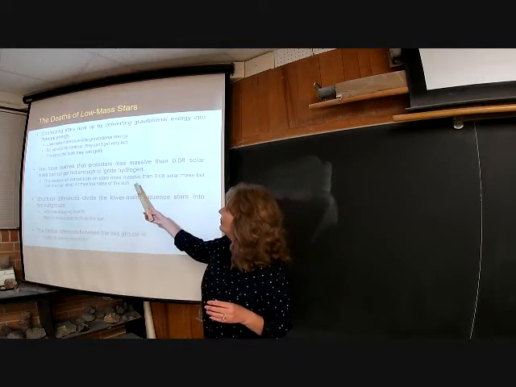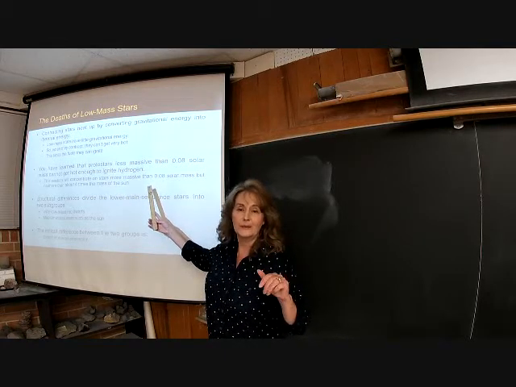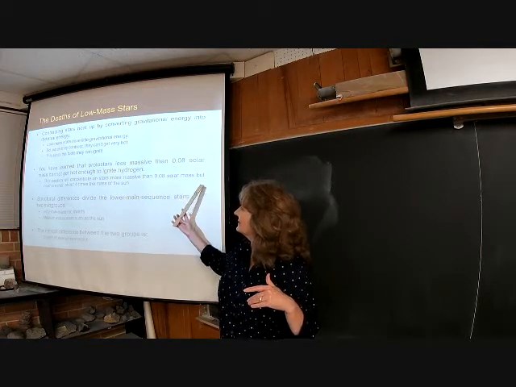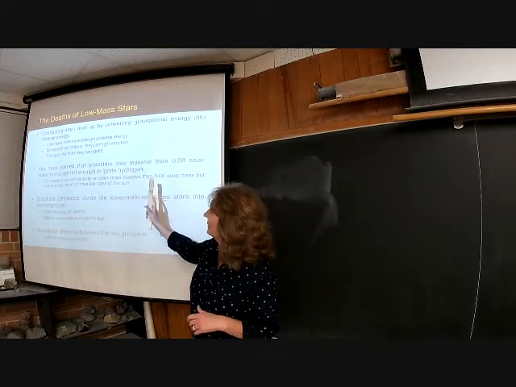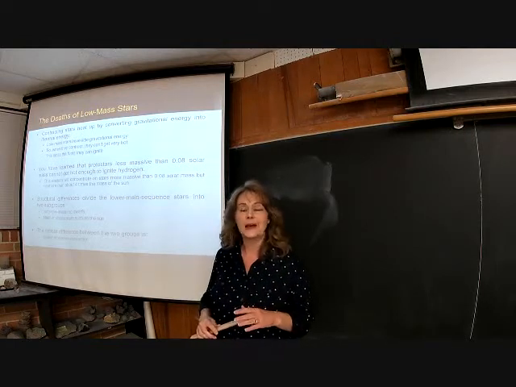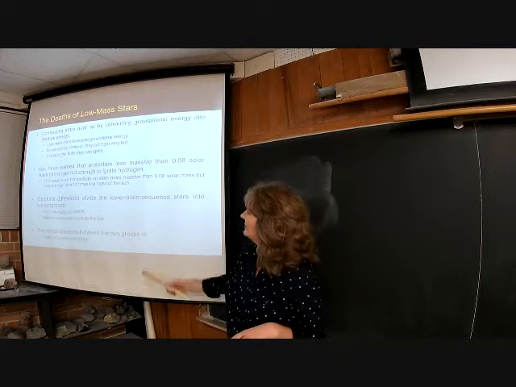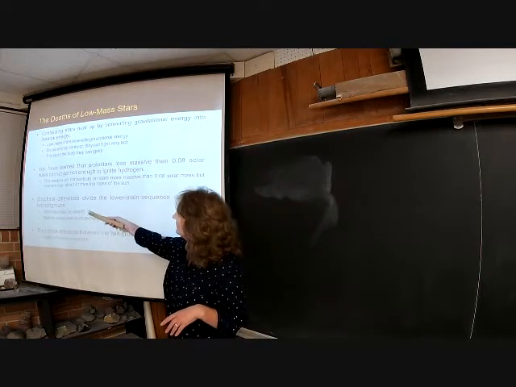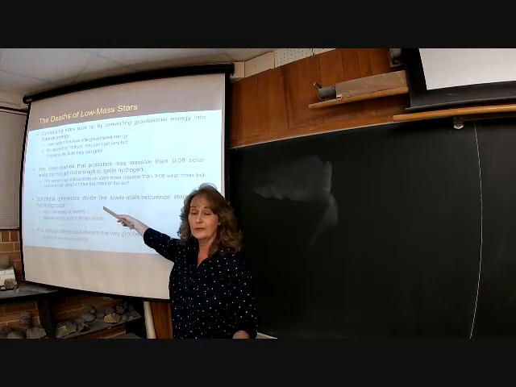But we want to look at the ones that are over that lower limit of 0.08 solar masses, but no more than 4 solar masses with these low mass stars here. So no more than like 4 times the mass of the sun would be in our category here. And so they're separating those into the very low mass red dwarfs, right?